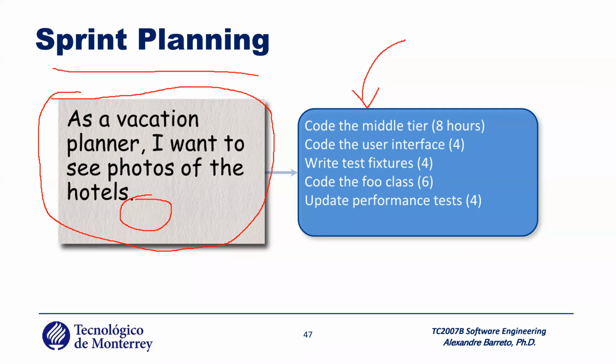I need to describe all the tests related to the user story and define the amount of time required to perform this test. We talk about this estimation later. But what's important here is that I translate the user story into a set of tasks.